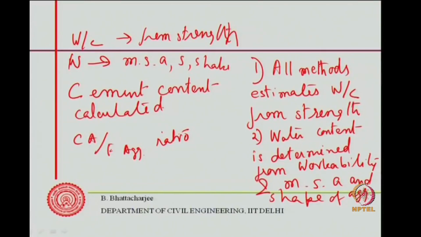In the ACI method, you first find out the volume proportion of coarse aggregate in the total concrete, and then multiply this by the dry rodded density, that will give you the amount of aggregate.